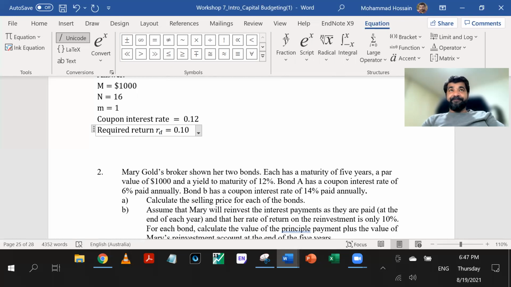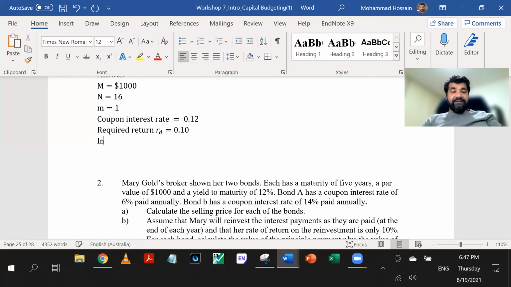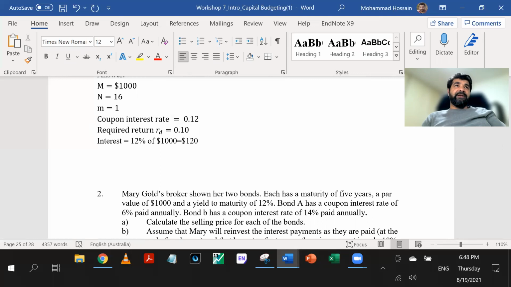That's it. How much is your interest? Our interest is equal to 12% of $1,000, which is equal to $120. All right. Now we have to calculate our bond value. Let's do it.